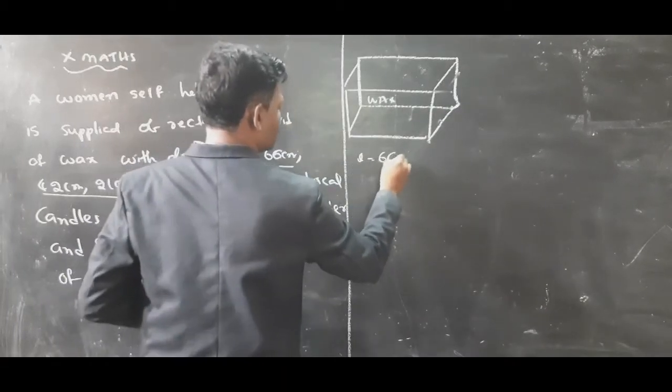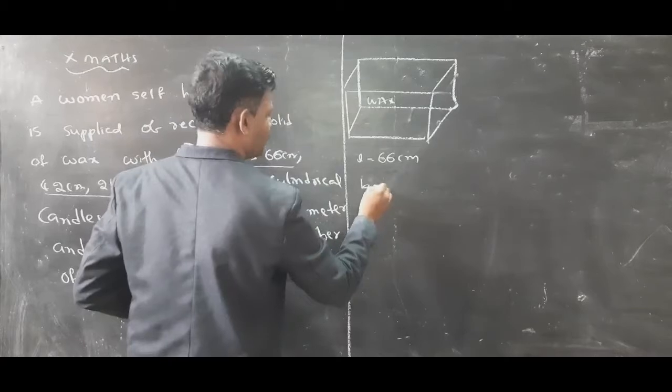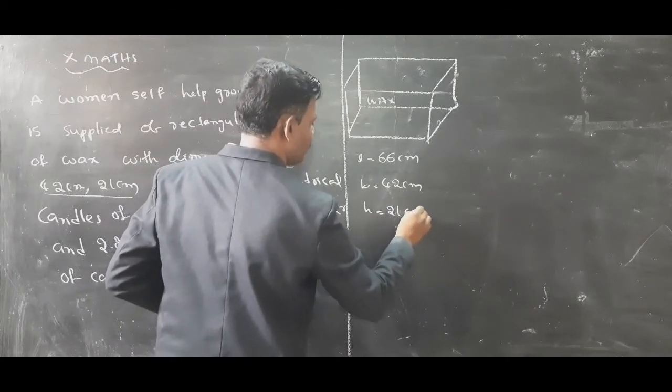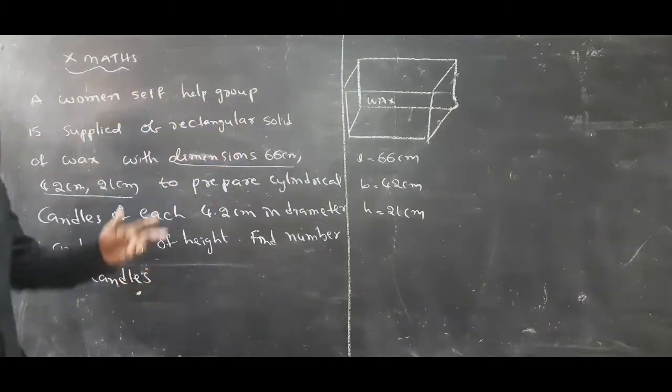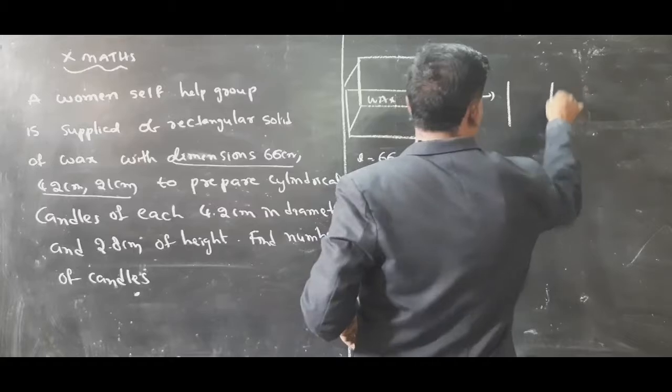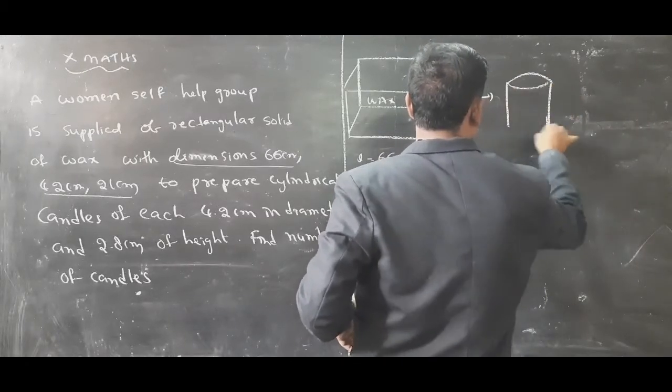Length is equal to 66 centimeters, breadth is equal to 42 centimeters and height is equal to 21 centimeters. By using the bags, they are preparing candles in the shape of a cylinder.